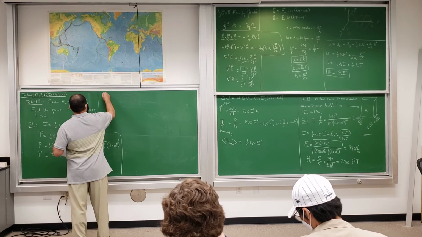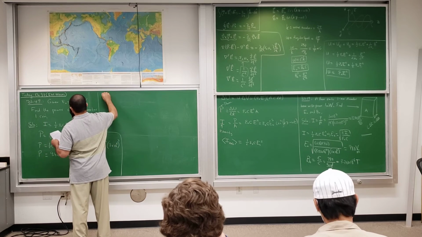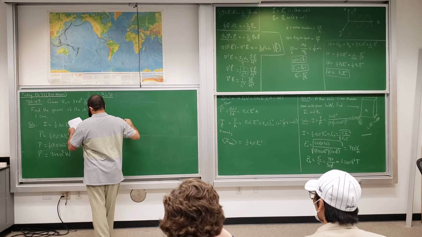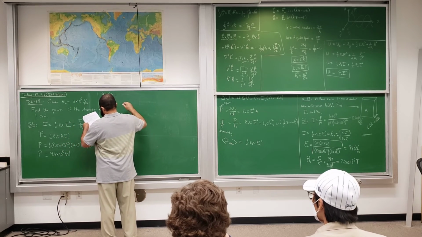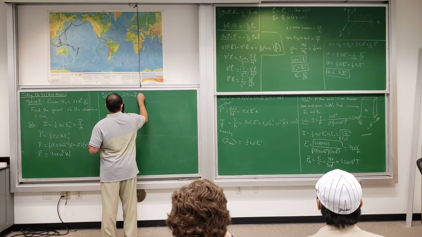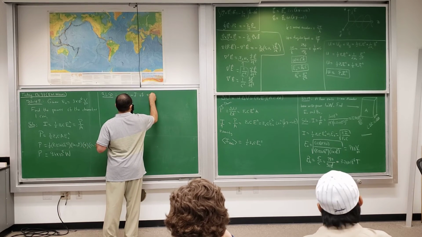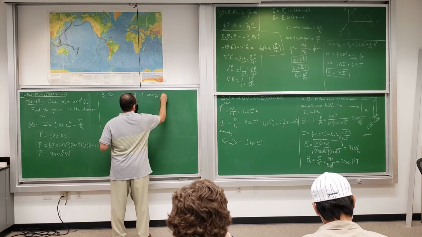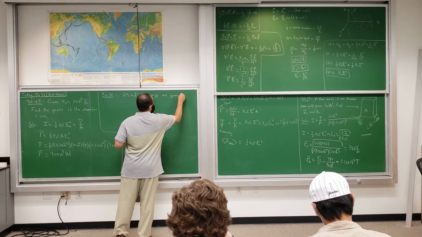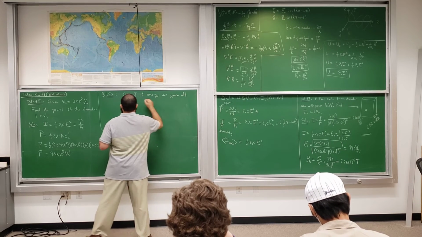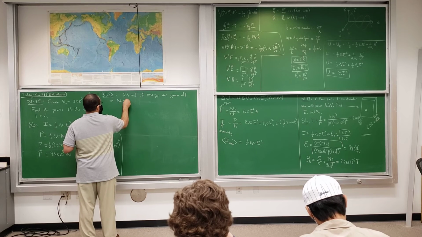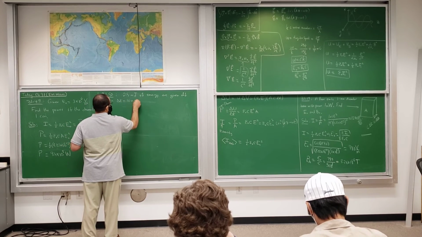This problem is 31.50. You have 2.5 millijoules of energy given off in time delta t equal to 10 nanoseconds.